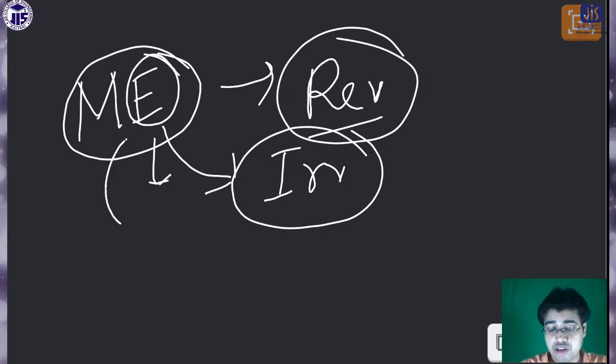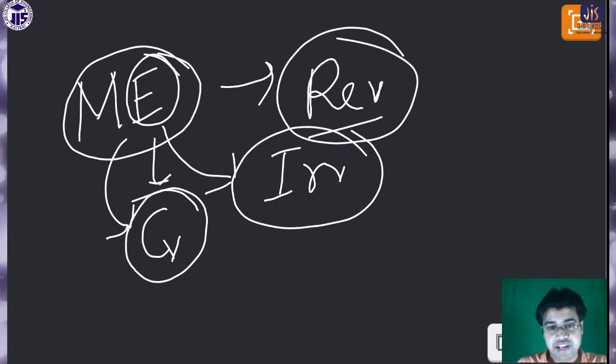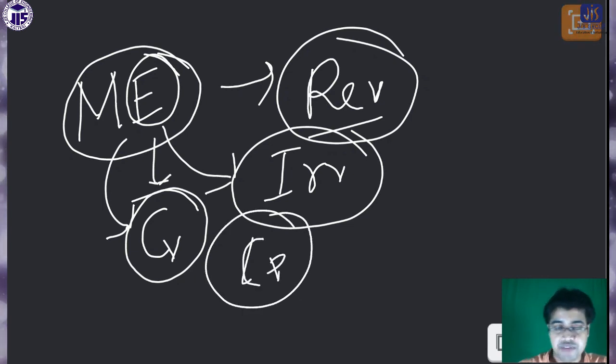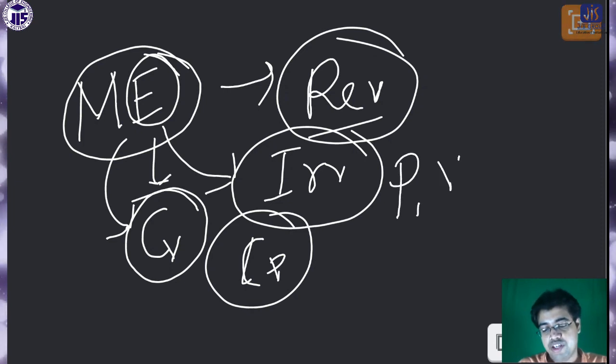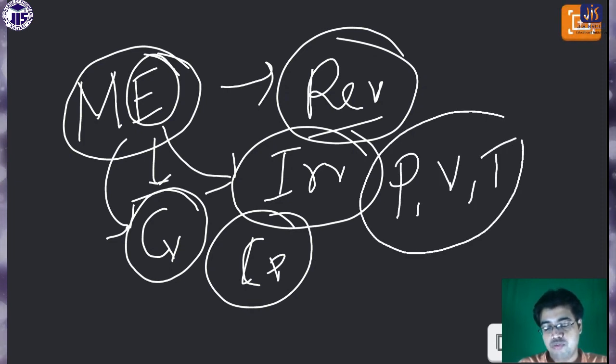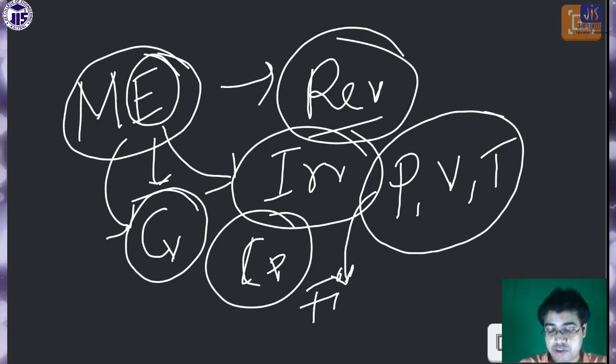Then we discussed Cv: what is the expression of Cv, the molar heat capacity, and what is the expression of Cp? We also discussed Cv and Cp and their relation, and then some relationships from the adiabatic work done, that is P, V and T. And finally we discussed the drawbacks of the first law.